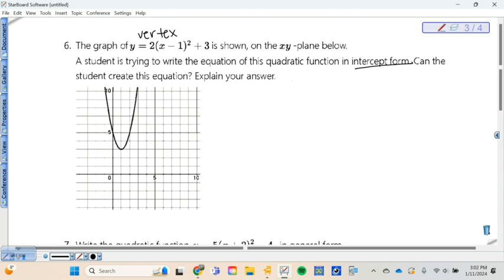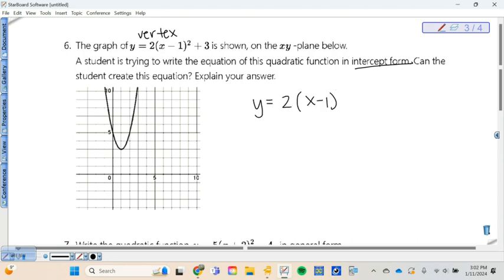Can she write it in intercept form? Why do you say yeah? Why do you say no? Yeah.